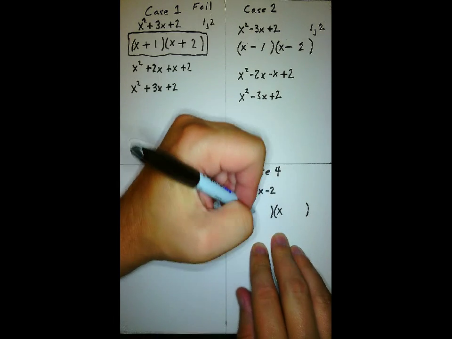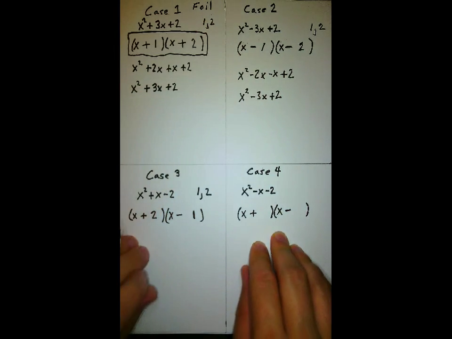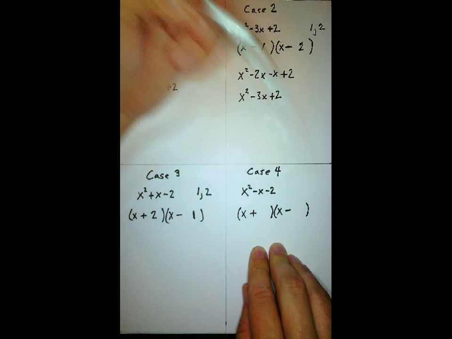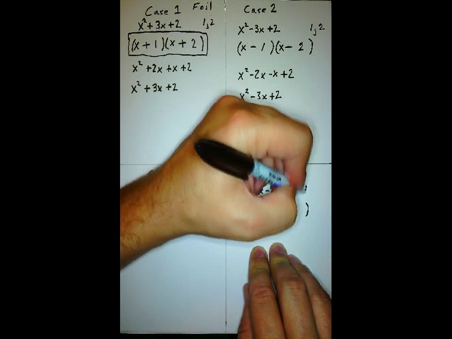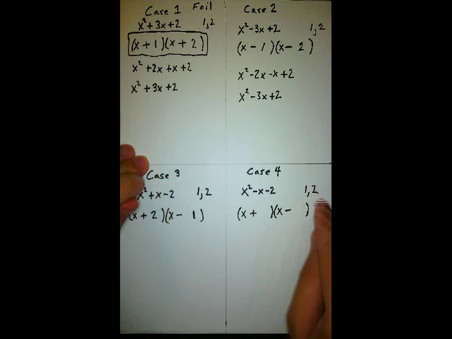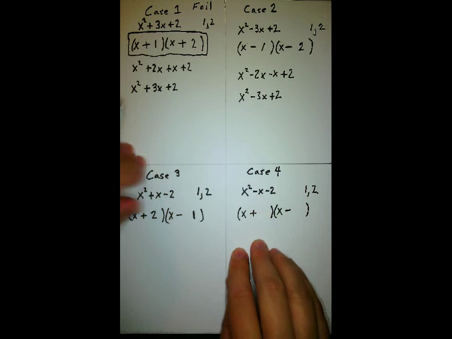So that tells me I'm going to have a plus and a minus. Alright, now, two numbers that multiply together and give us 2. 1 and 2. And I need to be able to subtract these numbers and get a 1.